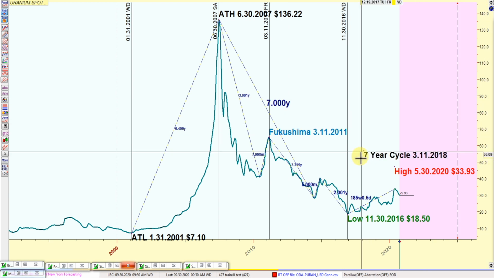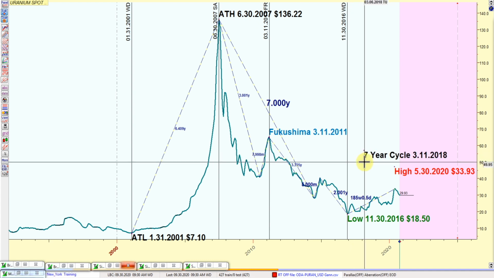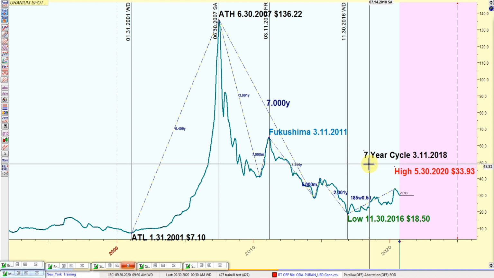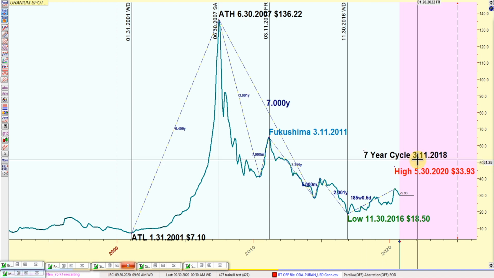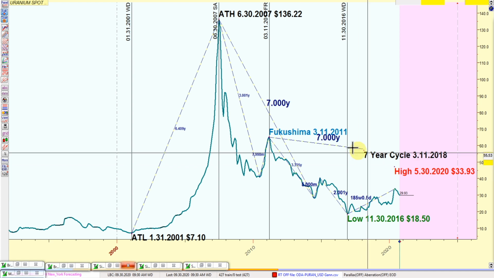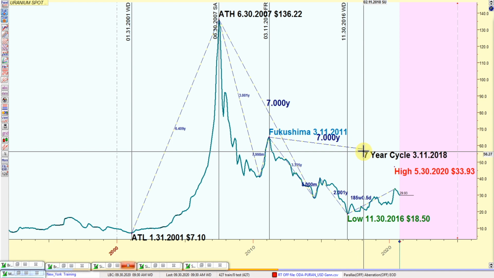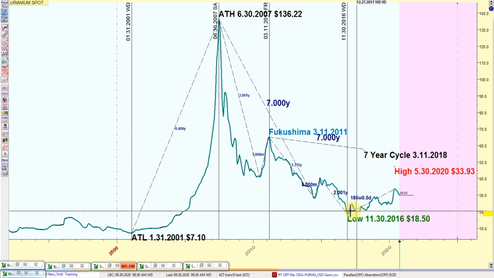Then this is when I started applying Gann's theory into the future. As you can see right here, I put March 11th, 2018 as a 7-year cycle, and that's from the Fukushima high to here. What happened within the 7-year cycle? Well, we made a low.